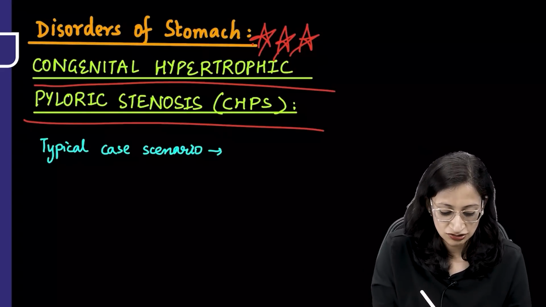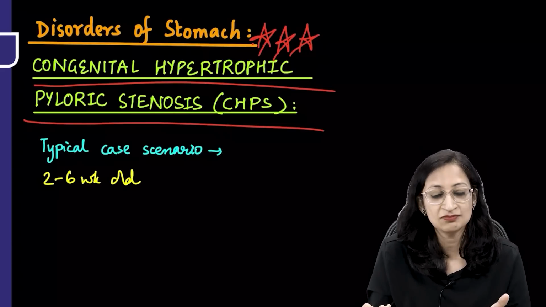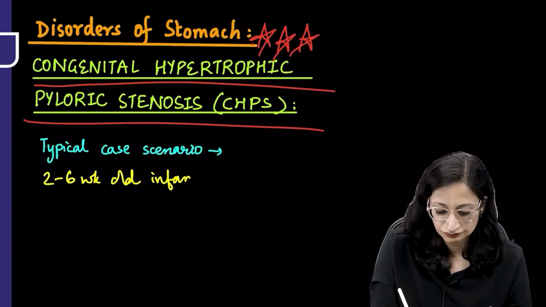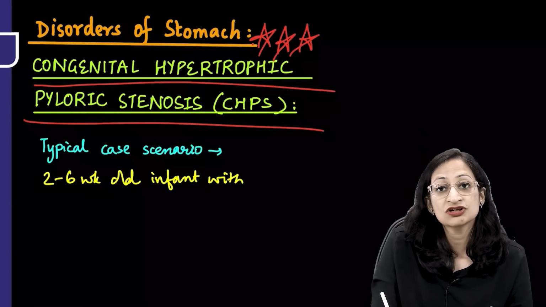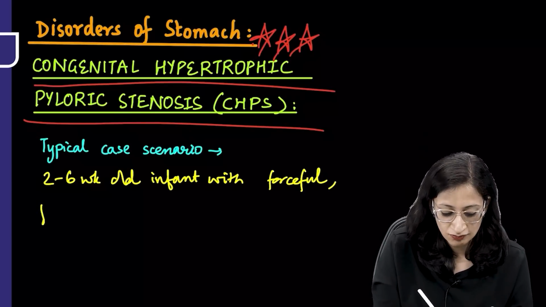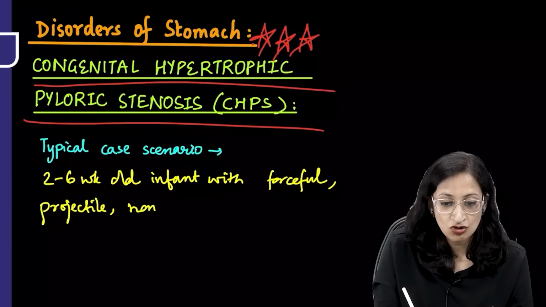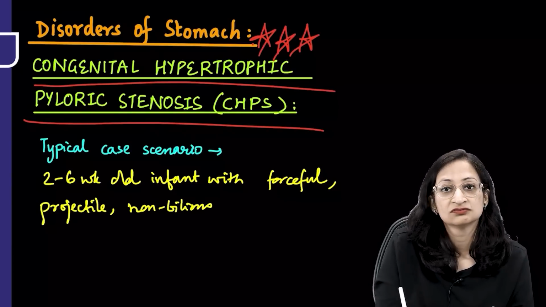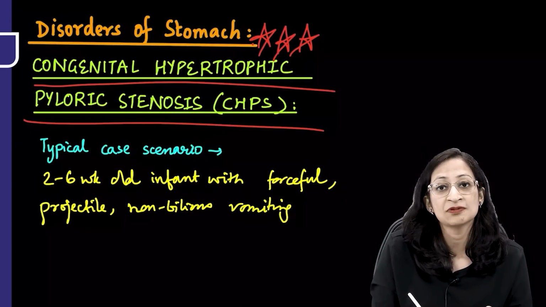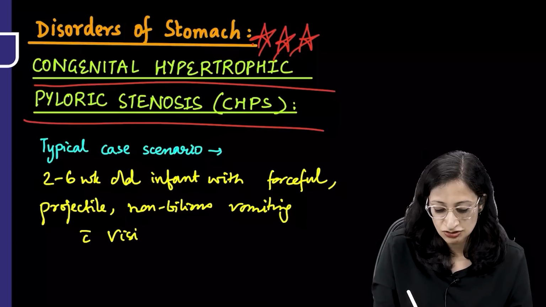to 6 weeks of age, usually a male baby, more common in males than females, with forceful projectile non-bilious vomiting. There may be an olive shaped mass palpable in the upper abdomen of the baby with visible peristalsis.